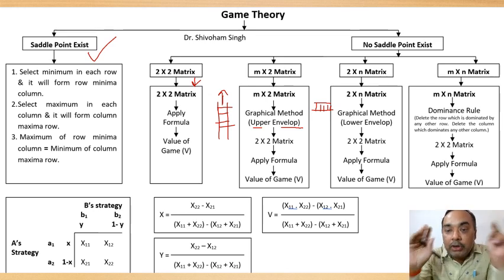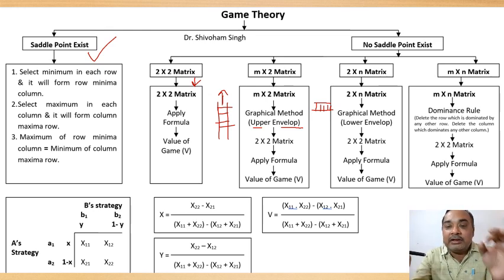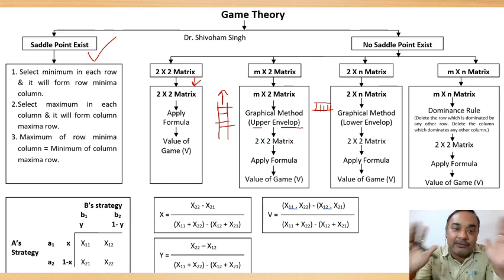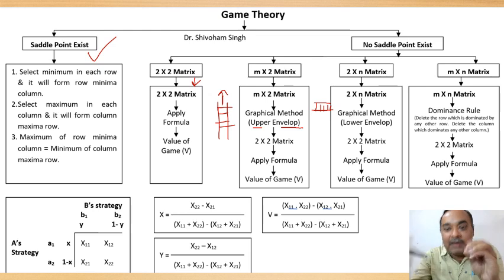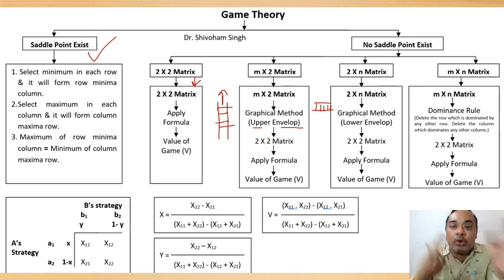If you have only 2 rows and only 2 columns, directly apply the formula. Again repeating, in the situation of no saddle point, if the matrix is 2 by 2, directly apply the formula. If either the row is 2 or the column is 2, you can go for the graphical method.